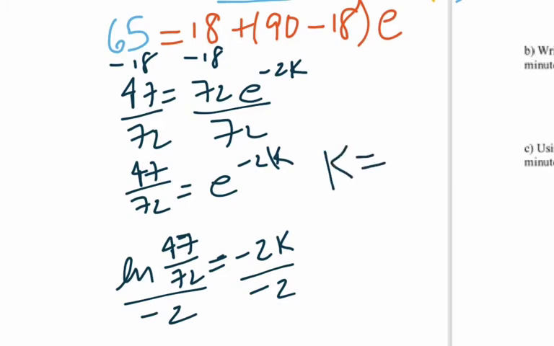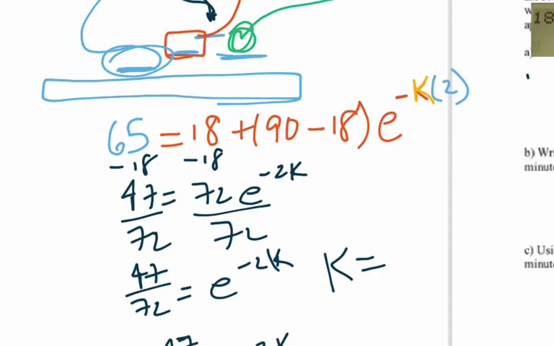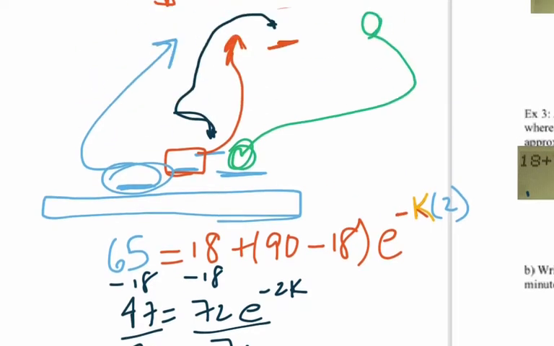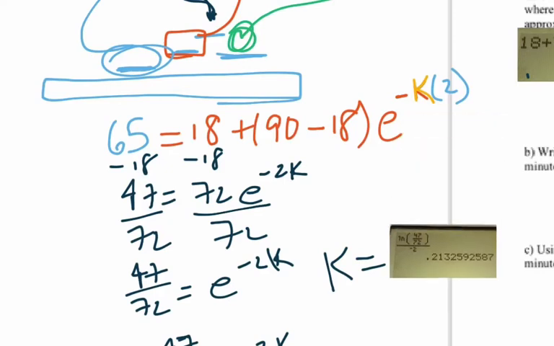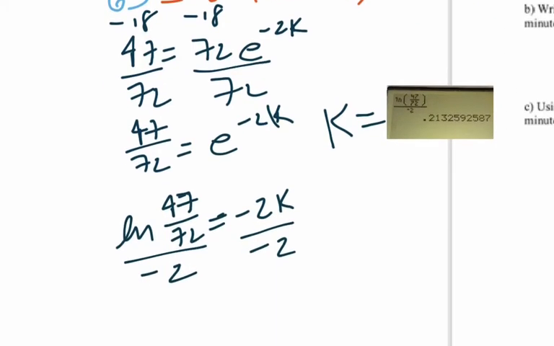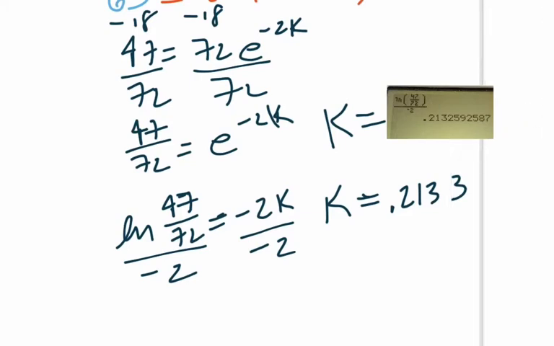So it winds up that k is equal to ln of 47 over 72 divided by negative 2, which here we have k is equal to 0.213, and I'm going to make it 3 in this case. So remember, we are rounding to 4 decimal places. So 0.2133, and that's my k value.